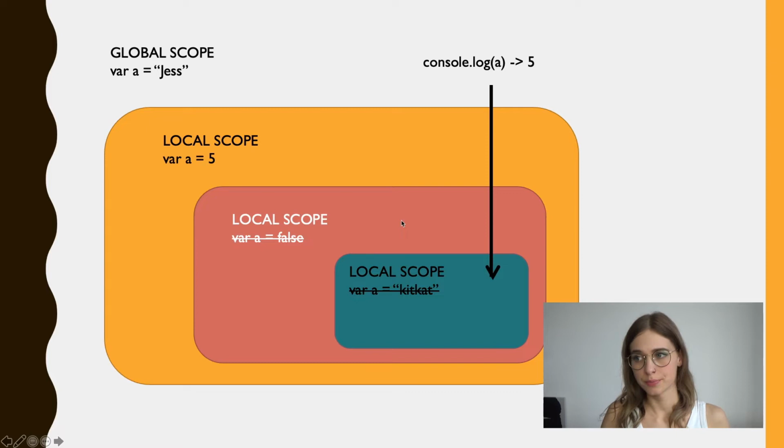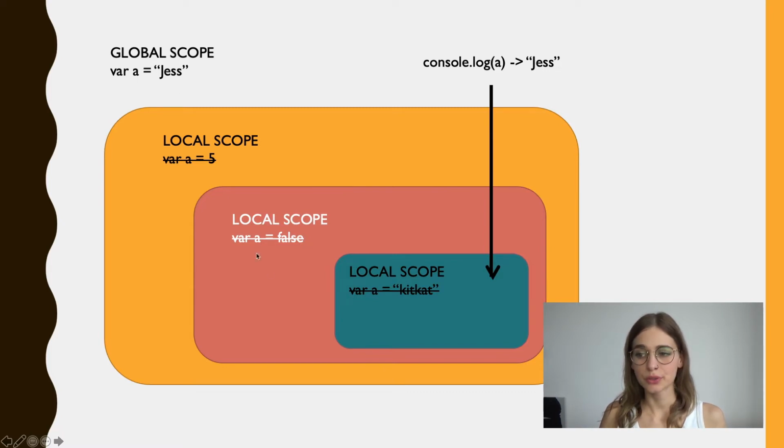If, however, there was no variable a in any of those functions here, and the console log would be in this last function, the most inner function, it would go up and find that variable here with the value of Jess.